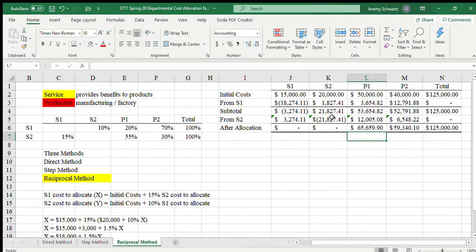It's not necessary to solve the problem, but it's good practice to give you more confidence in doing this. What you should find is 21,827.41. There is no difference in terms of which department you start with once you use the reciprocal method.